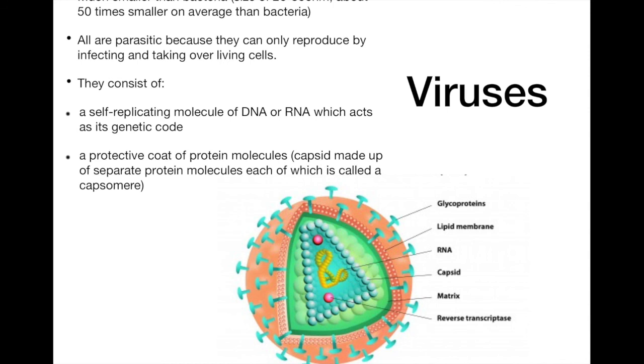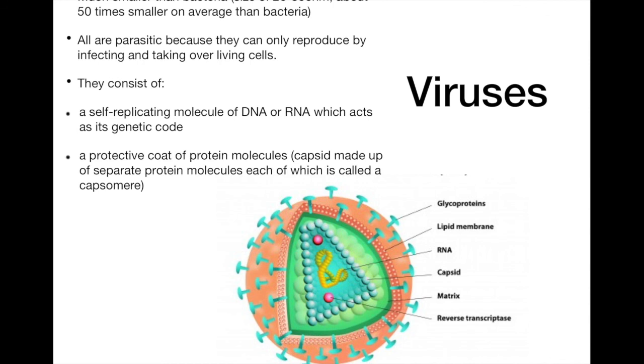You see, unlike prokaryotes and eukaryotes, viruses do not have a cell structure. In other words, they are not surrounded by a partially permeable membrane containing cytoplasm with ribosomes. They are much simpler in structure.